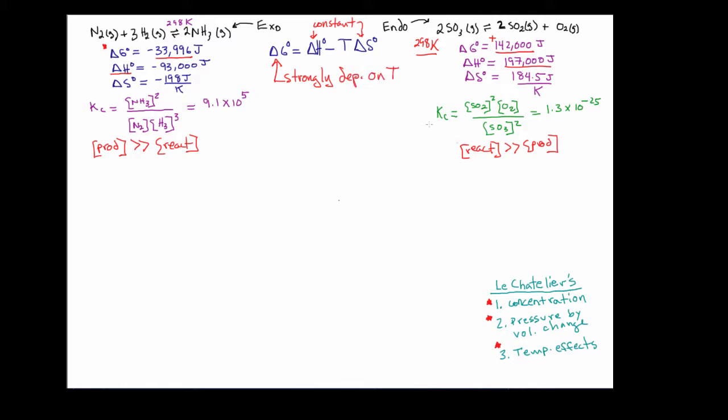All right, and you can see the reason why is right in front of us in the equation, because here's the temperature right here. And going back, the delta H is constant over temperature range, the delta S is constant over temperature range, but this value T can change depending on what the conditions of the reaction are. So that means that this value, the delta G, is going to be changing depending on what the temperature is.